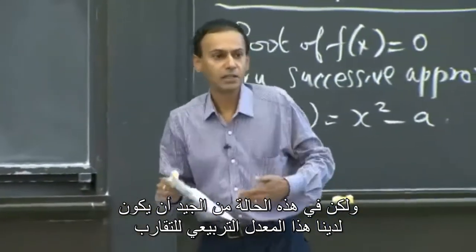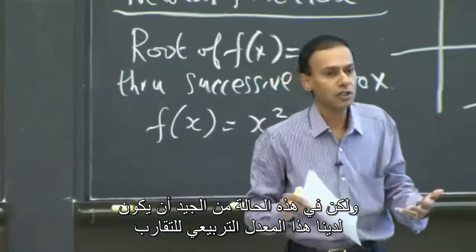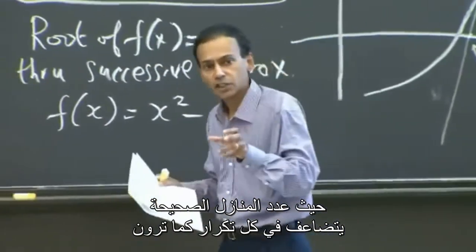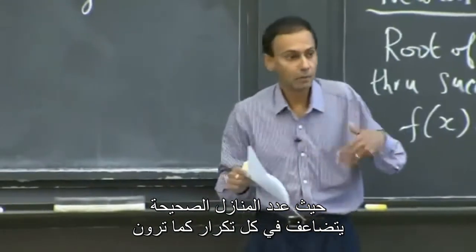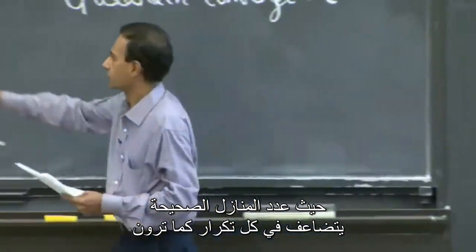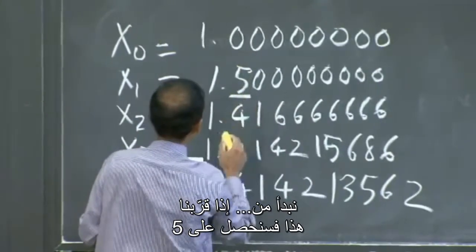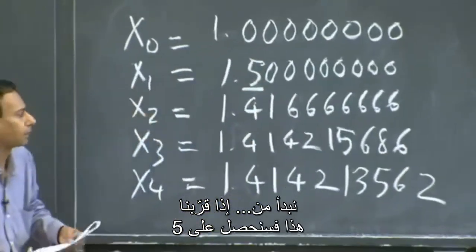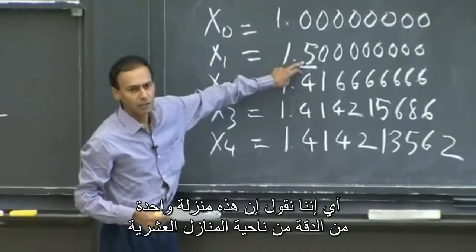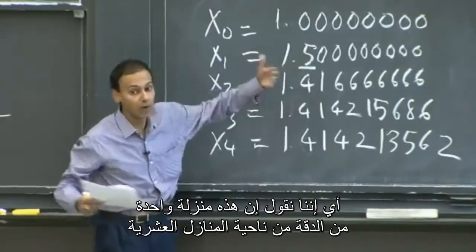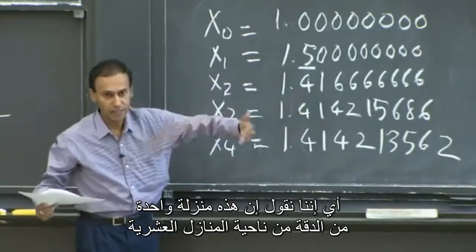You have this quadratic rate of convergence where the number of digits that are correct doubles with every iteration, as you can see. So here you start with roughly, if you rounded this up, you would get 5. So that's kind of 1 digit of precision in terms of the decimal.